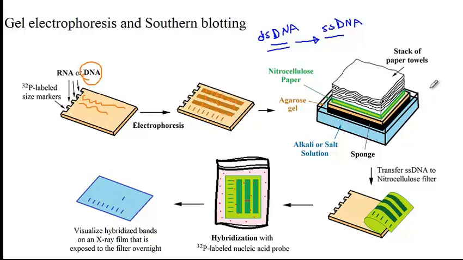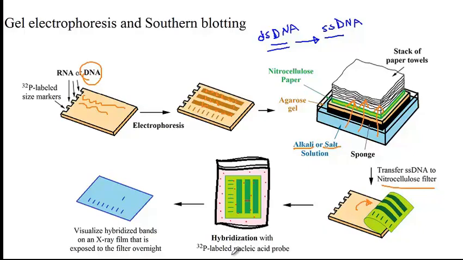All right. Then again, using the apparatus that I just explained for you, with either alkali or salt solution in order to make the double-stranded DNA into single-stranded DNA, we let the fluid flow through the gel into the nitrocellulose paper, into the stack of paper towels. And so there we go. All the single-stranded DNA are now transferred to the nitrocellulose paper.